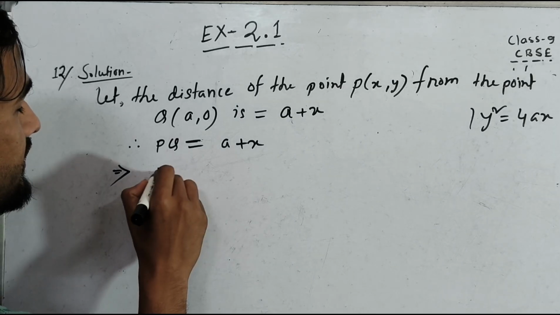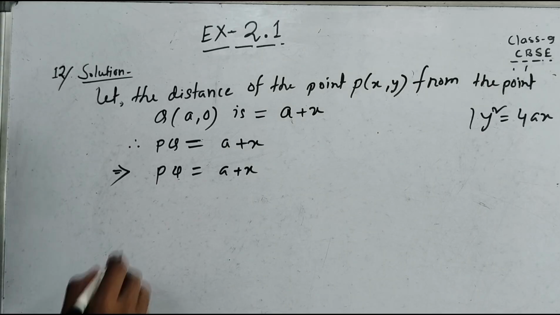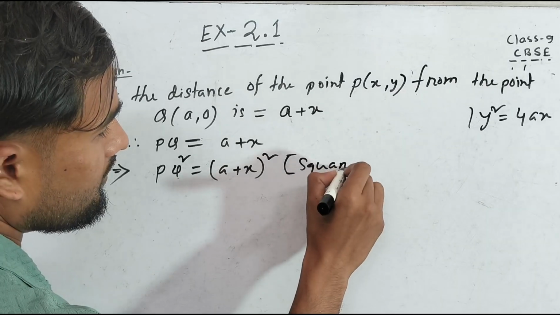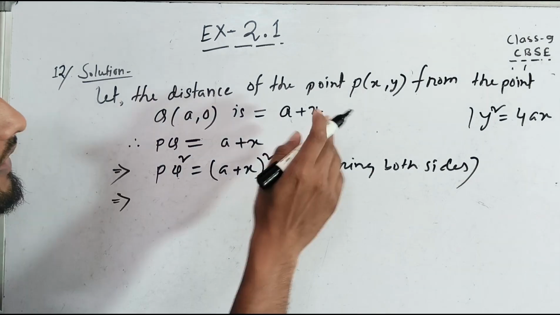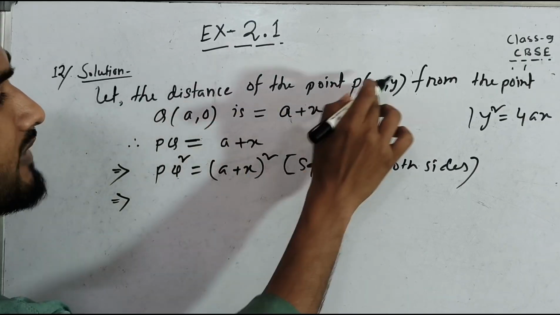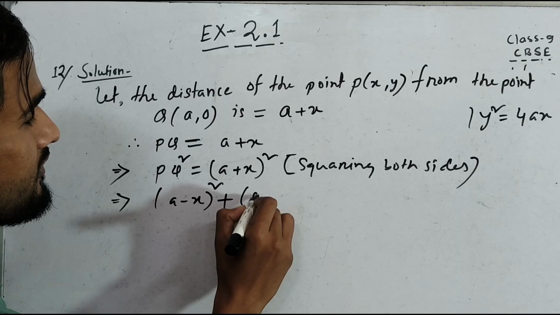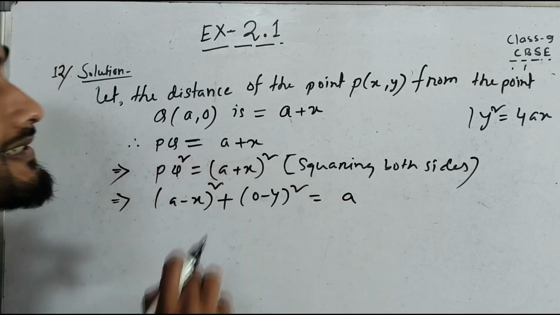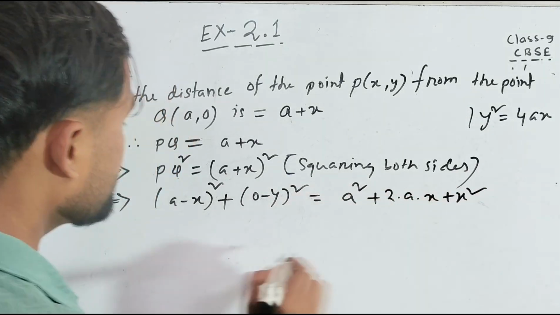Now squaring both sides, PQ equal to a plus x. Now PQ means x2 minus x1, a minus x whole square plus 0 minus y whole square, equal to a plus x whole square, which means a square plus 2 into a into x plus x square.